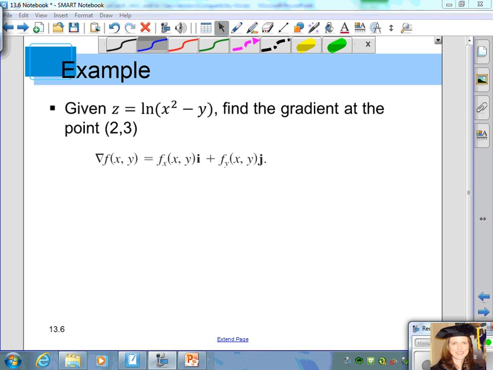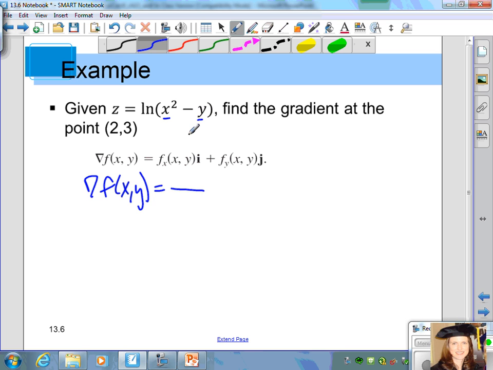Okay, to find the gradient, we are going to take the partial derivative of this function with respect to x. Now the derivative of natural log of u is u prime over u. We're going to treat x as a variable and treat y as a constant. So the derivative of x squared minus y with respect to x is 2x, and you're going to divide that by x squared minus y.